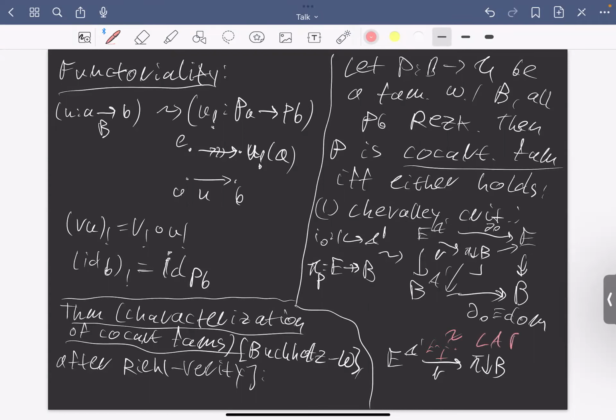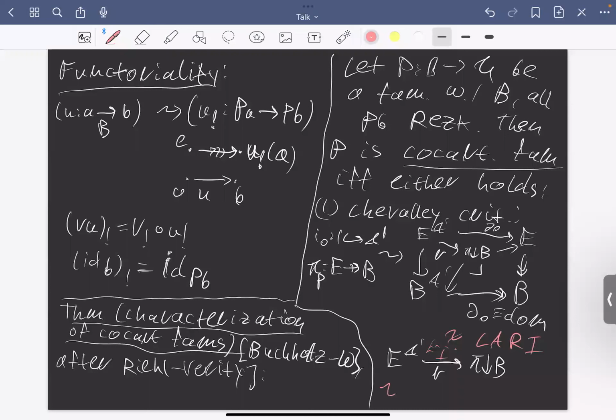So that means chi is the left adjoint of R in a certain sense, such that the unit of this adjunction is invertible, or an iso or homotopy.